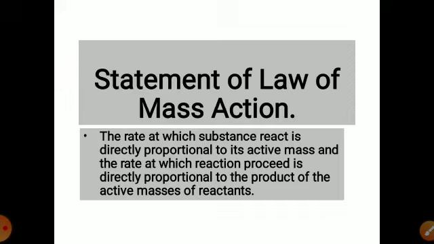The first part says that the substance's reaction speed is directly proportional to the active masses. Active mass means the mass of substances or reactants that take part in a chemical reaction. And the speed of a chemical reaction depends upon the product of active masses of reactants.